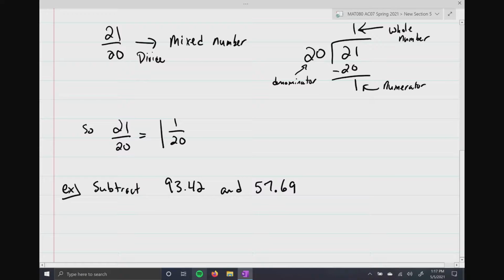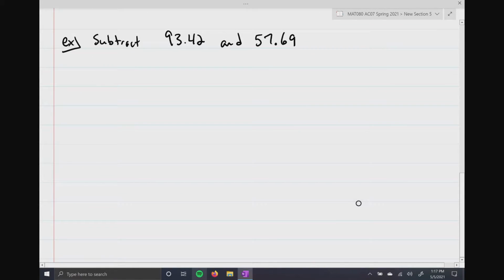So first, we have decimals. How do we add or subtract decimals? What's the key? Making sure the decimals are aligned. Perfect.